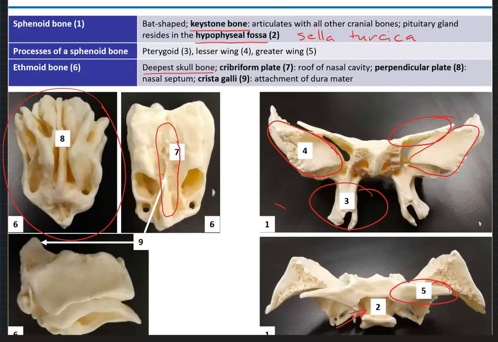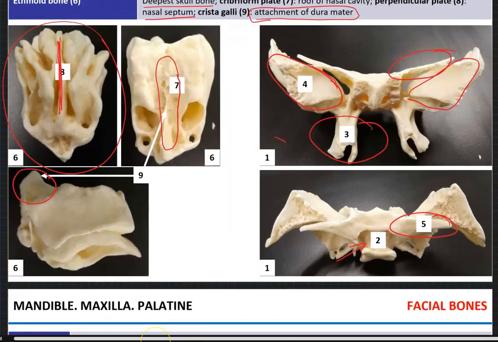The perpendicular plate, shown here, forms the upper part of the bony part of the nasal septum that separates your nares, nostrils. Crista galli is the site of attachment for dura mater, the outermost of all meninges.